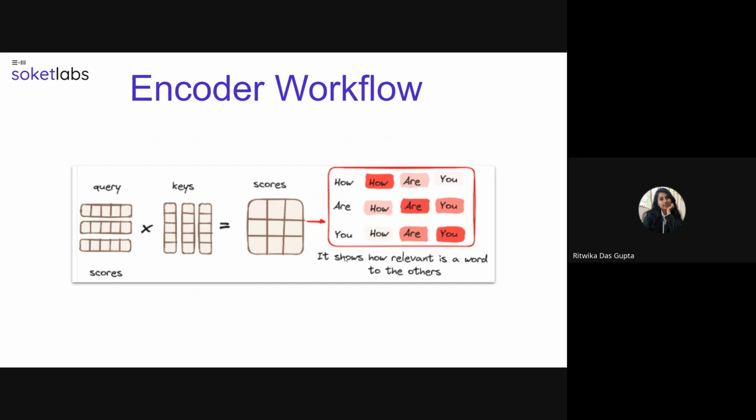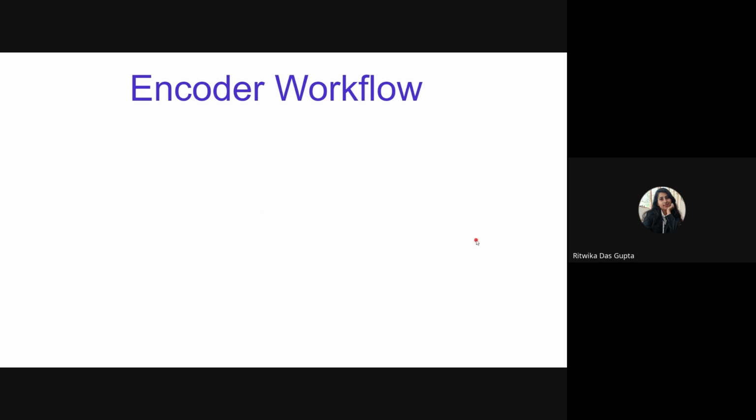Now the matrix multiplication happens, where the queries and key scores are multiplied together. We get this final score, which shows how relevant each word is with respect to other words. So this is the matrix score, and we have to scale this matrix score down.